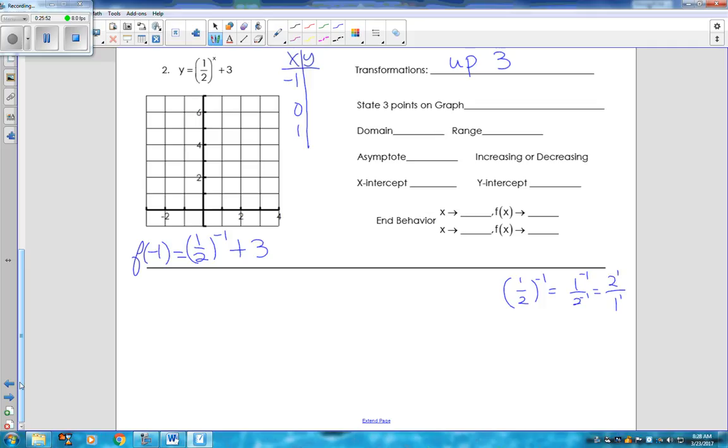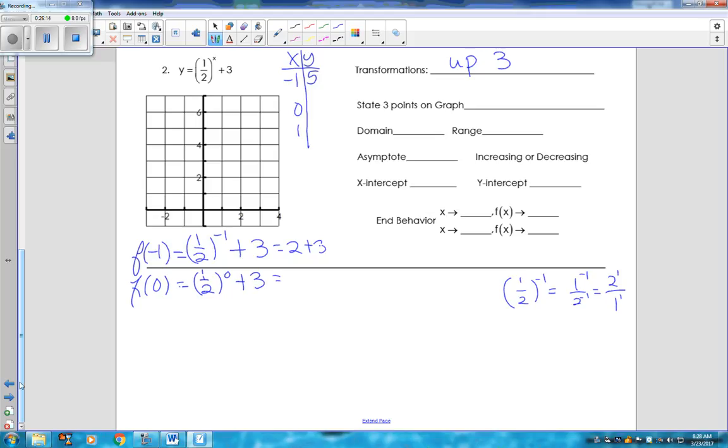Always use some positives, some negatives, and 0. So that's going to be 2 plus 3, which is 5. Now we're going to put in a 0. I have 1/2 to the 0 plus 3.